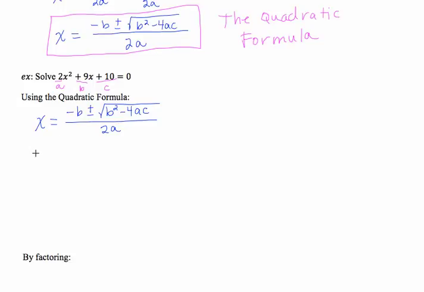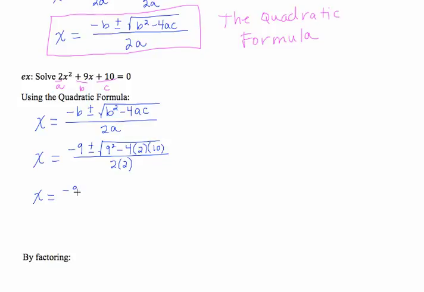Plugging all of those in, negative b would be negative 9 plus or minus the square root of b squared, which is 9 squared, minus 4ac, which is minus 4 times 2 times positive 10, all over 2a, and a is 2. So that's what we have when we plug it straight in. I haven't simplified anything yet.